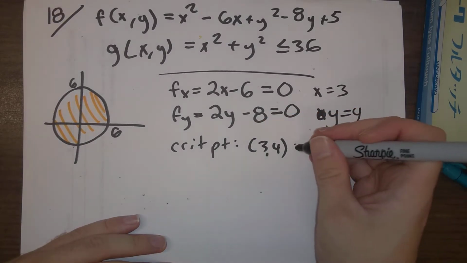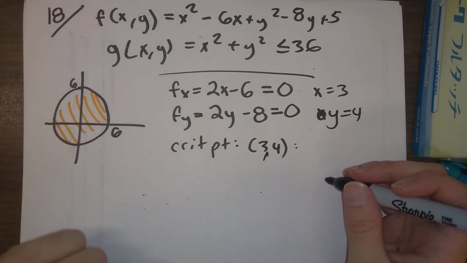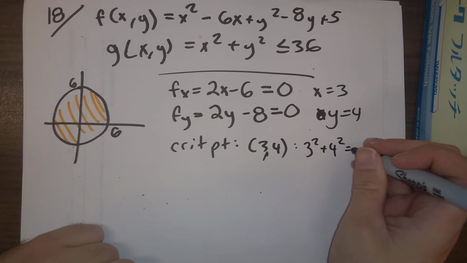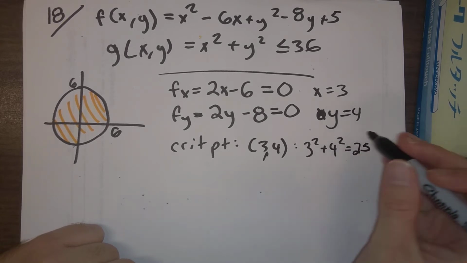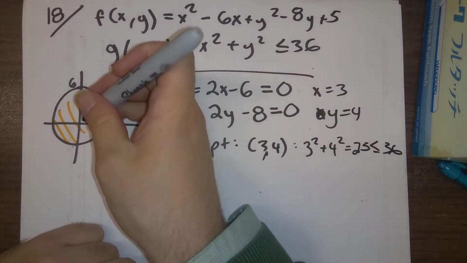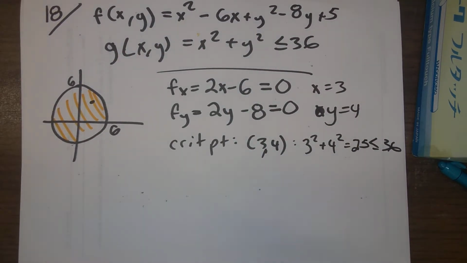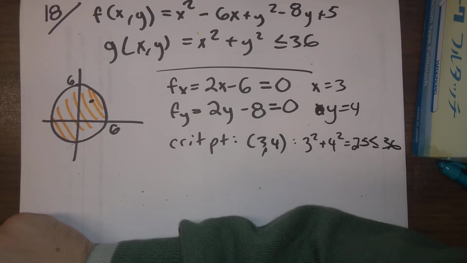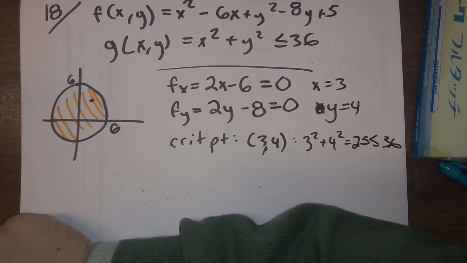Let's check to make sure this is in fact inside the domain. 3 squared plus 4 squared is equal to 25, which is less than or equal to 36. So yes, (3, 4) is inside our domain. It's possible that our critical point would fall outside the region, in which case we'd simply ignore it.